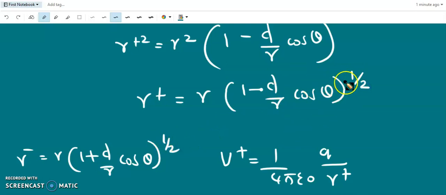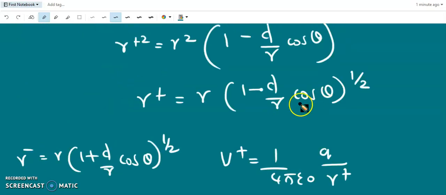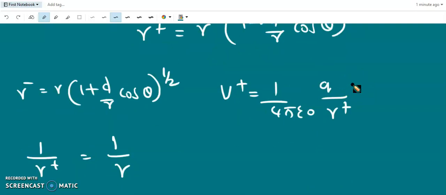We have to take root also here, and therefore we can write 1 over r plus is 1 over r into 1 over this quantity. So 1 over this quantity can be written as 1 minus d by r cos theta raised to minus half.